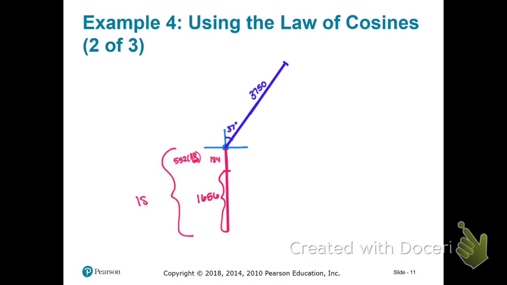Everybody okay? And now we want to know the distance between the two planes. So I want to know that side.